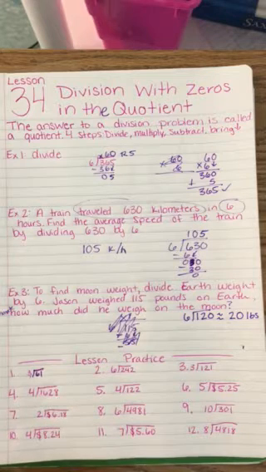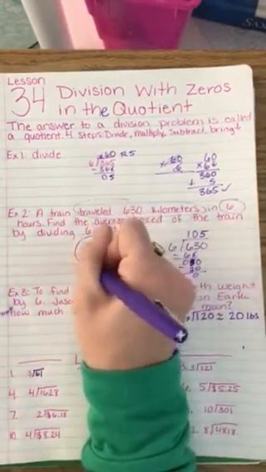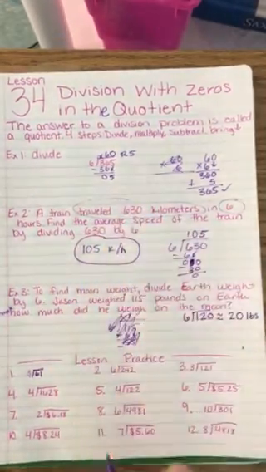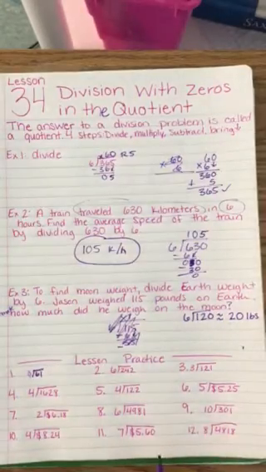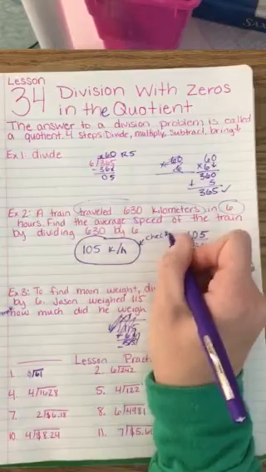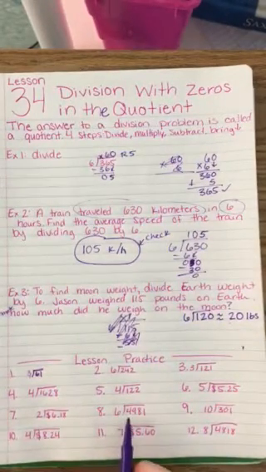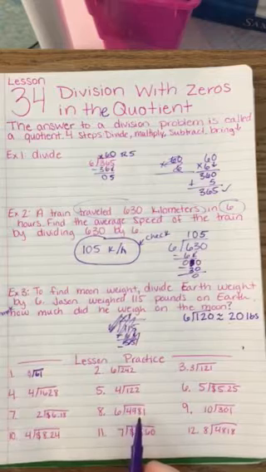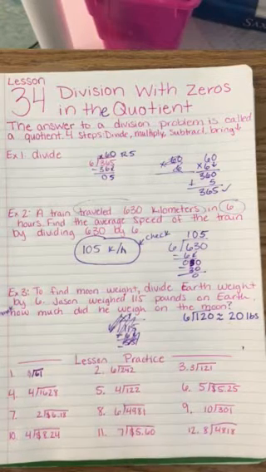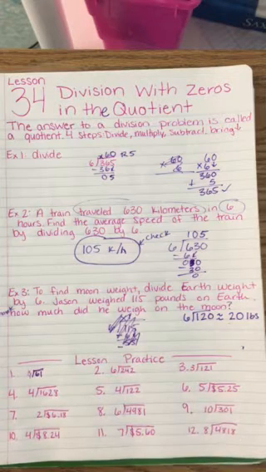7. $6.18 divided by 2. Since you're watching this video, please put a circle around your answer to example 2. And that will be our check, will be this circle. Number, what was I on? 8. 4,981 divided by 6. 9. 301 divided by 10.